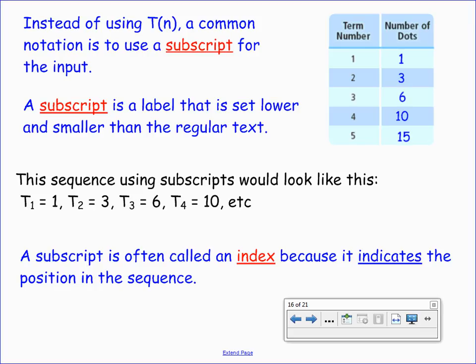The subscript is simply a label that's set lower and smaller than the regular text that indicates what term we're talking about. So it's called an index oftentimes because it indicates which term we're talking about. T sub 3 is 6. The third term is 6. That's all it means. So a subscript is telling you which term you're talking about.